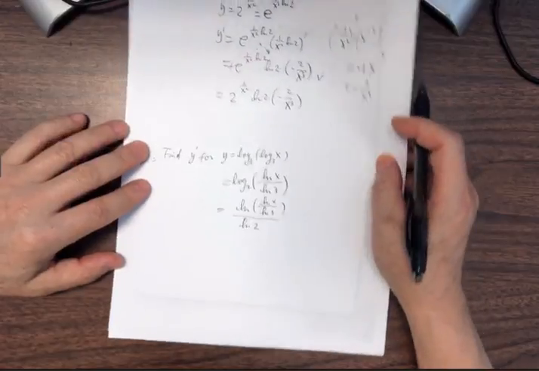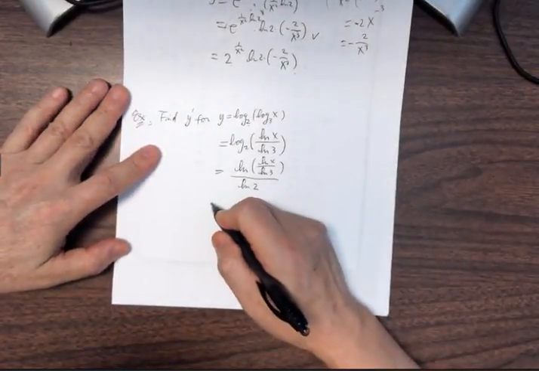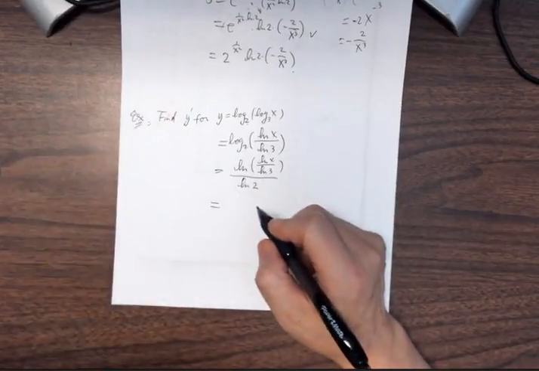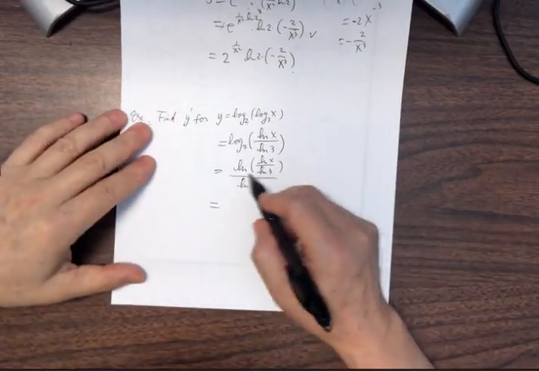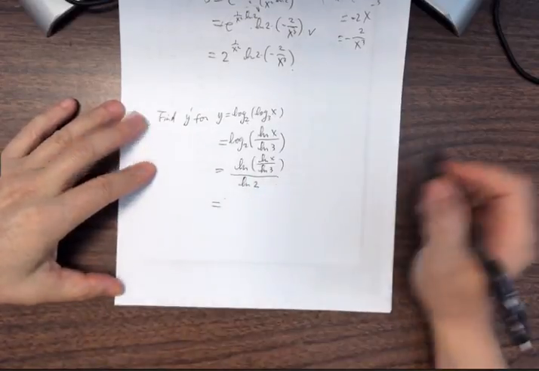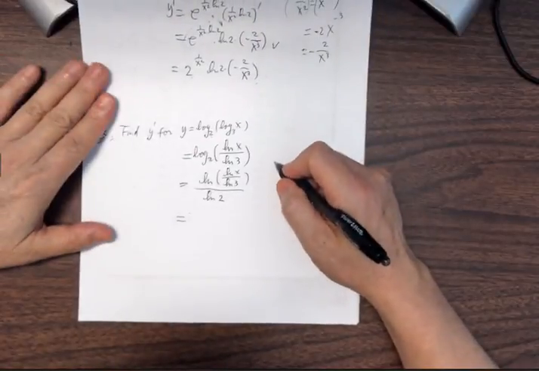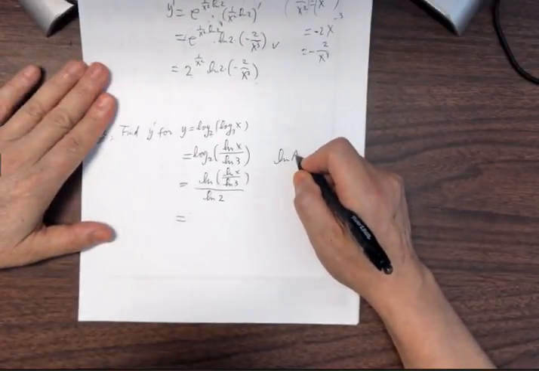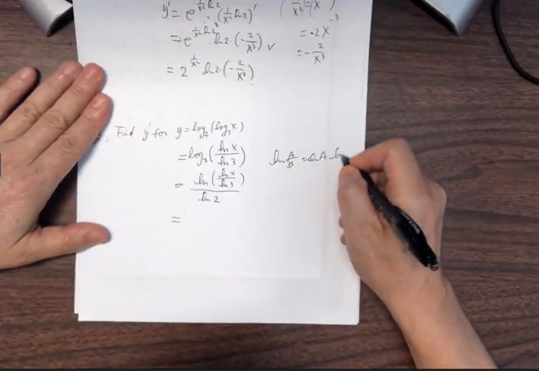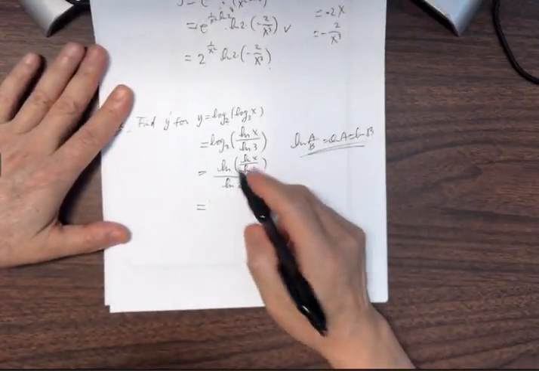I would simplify the top a little bit. You'll see we're going to apply a property of log to turn this into a simpler expression. There's a property in log that says for any log of a over b, the fraction inside is log a minus log b. This is the property we're going to use to simplify the top.